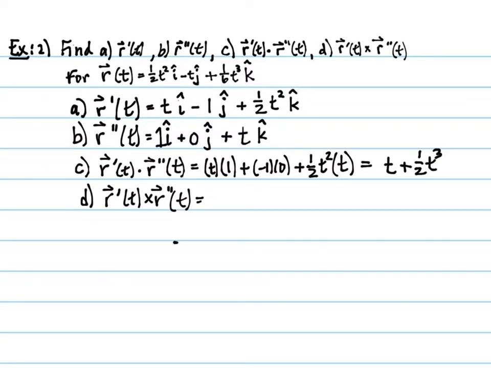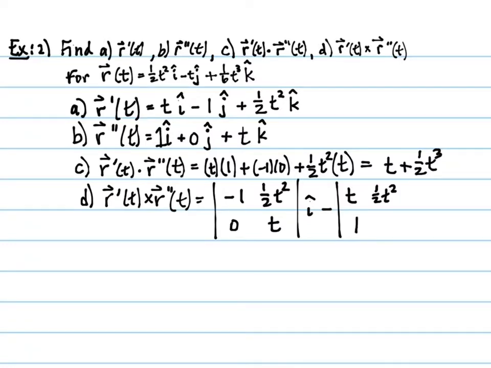So for my cross product, I need the determinants of each of these. For i, it would be negative 1, 1/2 t squared, 0, t, times i, minus, and then I need t, 1/2 t squared, 1, and t, and that's j, plus, and then I need k components.